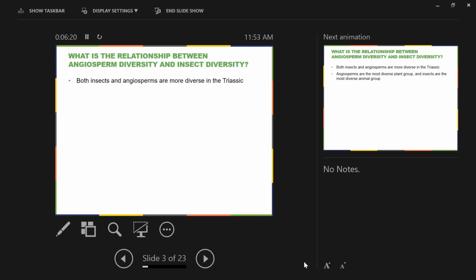Add to this even more, angiosperms are by far the most diverse plant group. I mean, there's no other group of plants that even comes close to the amount of diversity we have in angiosperms. And insects are the most diverse animal group, by far. There's no other animal group that even comes close to the amount of diversity in insects.